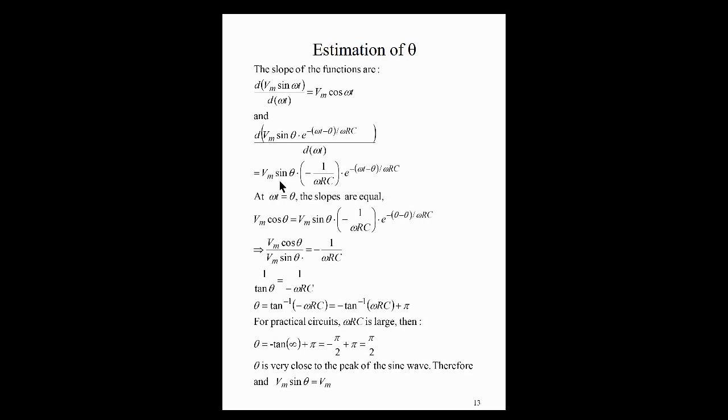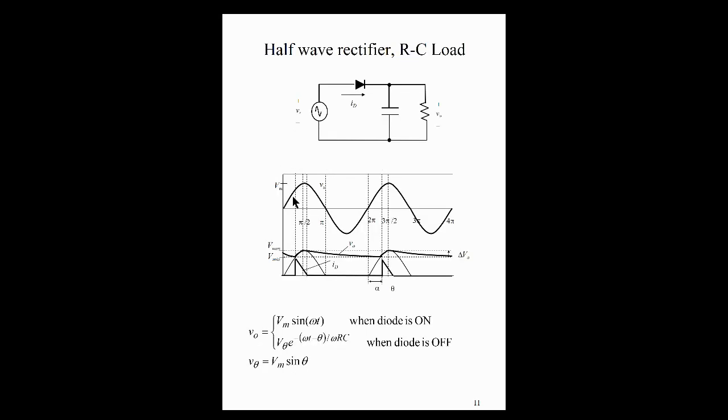As we observe, the two slopes must be equal. At this point where we have omega t equal theta, right at this point, when it reaches its maximum and when it starts to decrease, the two slopes must be equal.